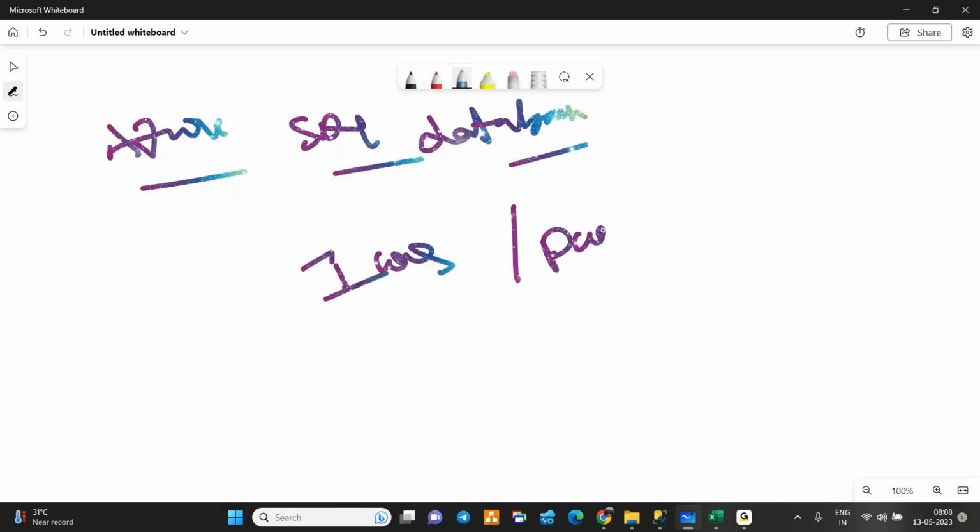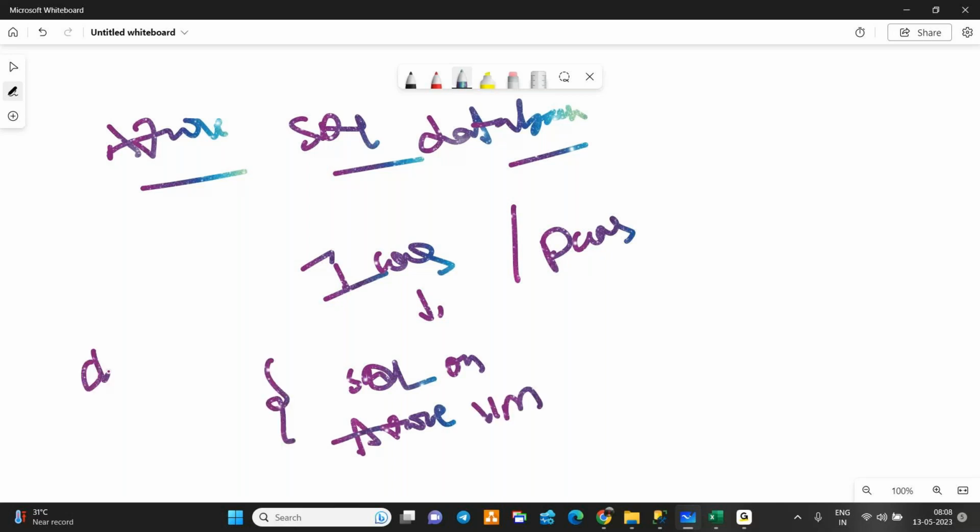When you go to the IaaS, SQL on Azure VM, we discuss clusters and we are still yet to discuss Always On. So we are going to deploy all our clusters, all our Always On on Azure VMs. Either it can be Azure VMs, or AWS VMs, or Google Cloud VMs.